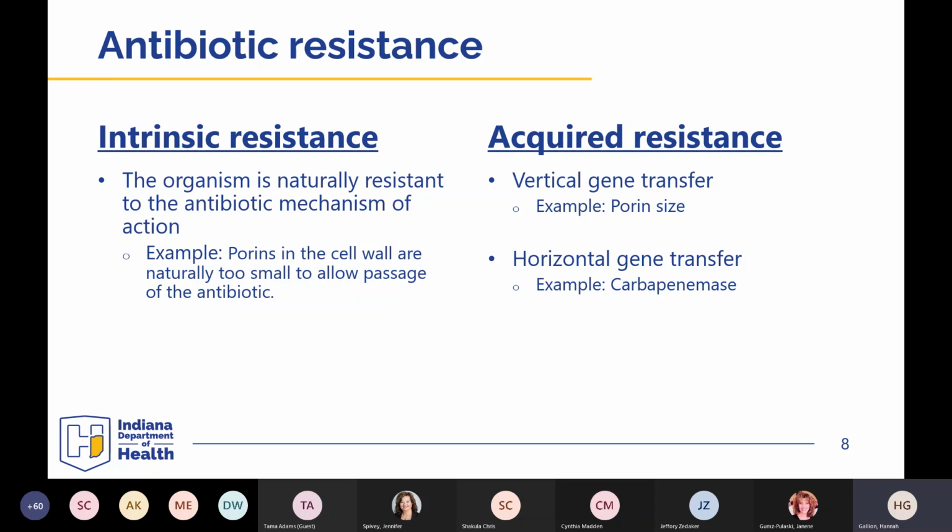Horizontal gene transfer can occur when bacteria carry a gene for an enzyme on a plasmid. This plasmid, with the antibiotic resistant gene, can then be transferred to other bacteria in the area. It can even be transferred to a different organism. An example of this would be the carbapenemase genes.